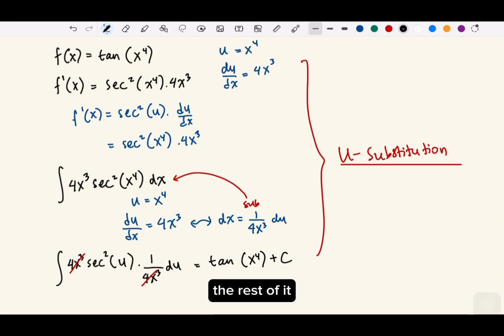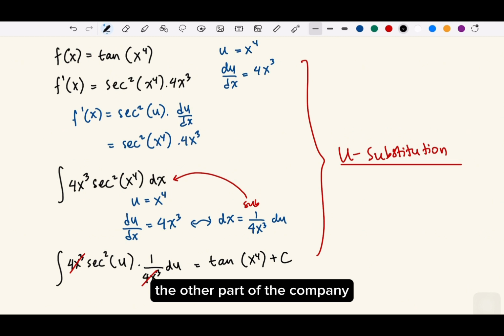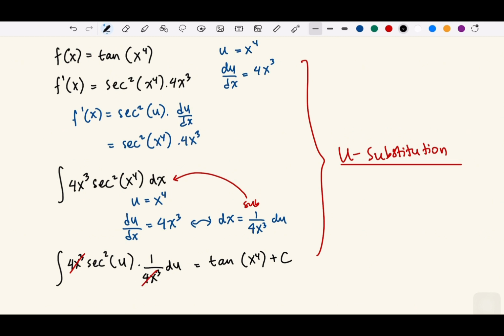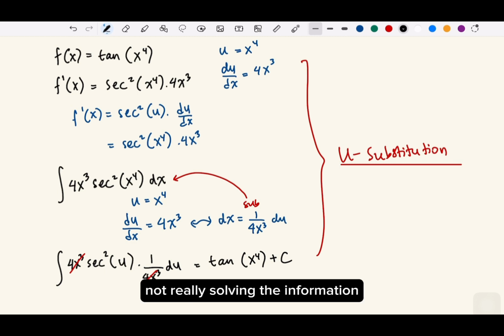The rest of it, we need to have some familiarity with practice. Okay. But the idea is we find some component, we derive, and make sure that it will cancel the other part of the component. Sometimes if it's not fully canceling, you will get some loops and then maybe not really solve the integration.